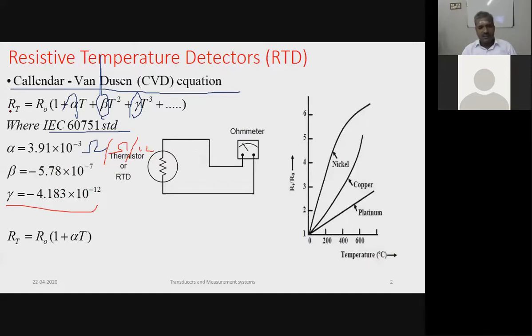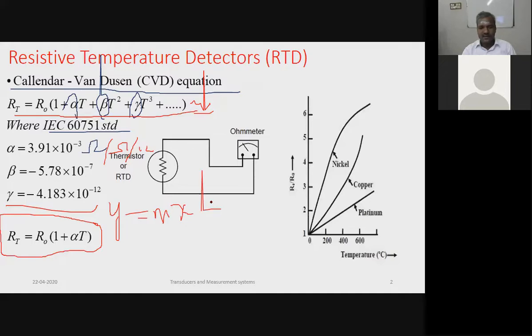So this is a higher order polynomial equation, and actually this is not a linear relation for the characteristics. So we approximated this equation into a linear form. This is our linear equation, similar to y equal to mx plus c.